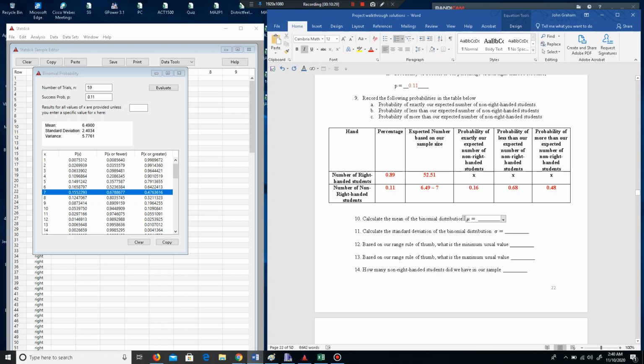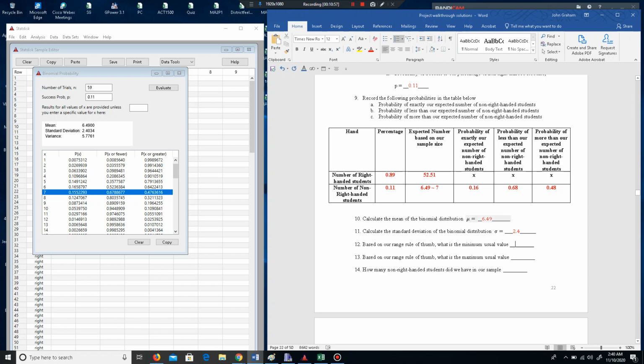Alright, so the mean of our binomial distribution again is 6.49. Calculate the standard deviation. That would be 2.4. Based on the range rule of thumb, what is the minimum?